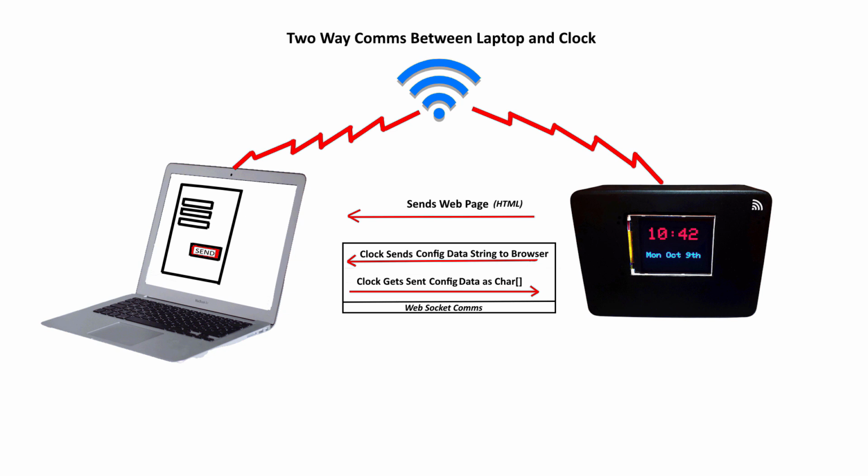One thing to mention is that the web server and the sockets themselves are not secure sockets. I don't think this is a problem for these reasons. First of all, the soft AP is already secured with WPA2 security or WPA3, and there is no internet access from the clock onward, so the amount of time that you will actually be using this in this mode will probably be less than a minute.